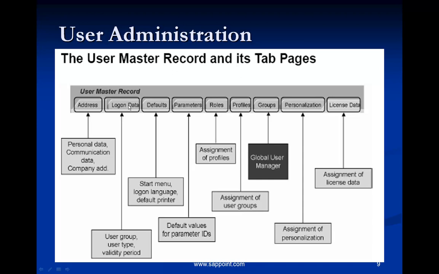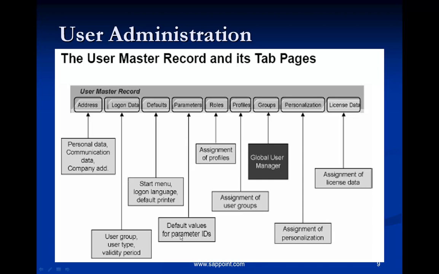In the logon data tab, you maintain the type of user, the validity period, and the user group. In the defaults tab, you can maintain the start menu, the logon language, and the default printer, the printer to which the user can print his reports by default.